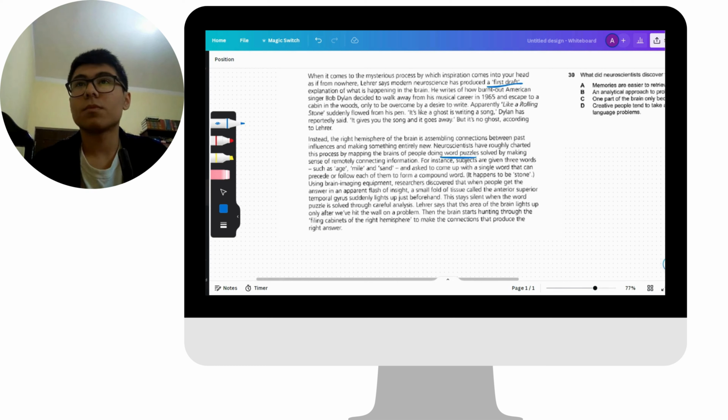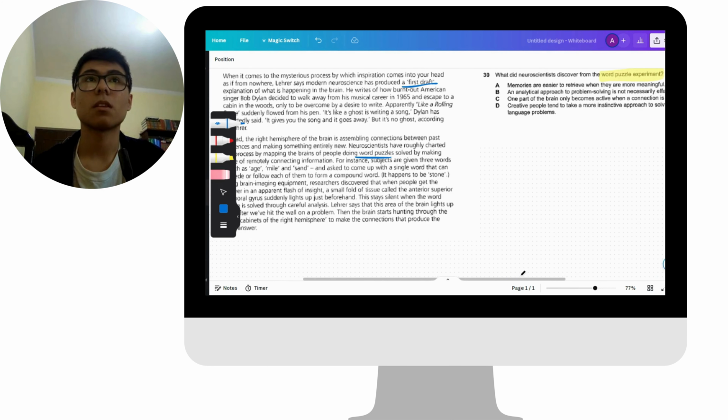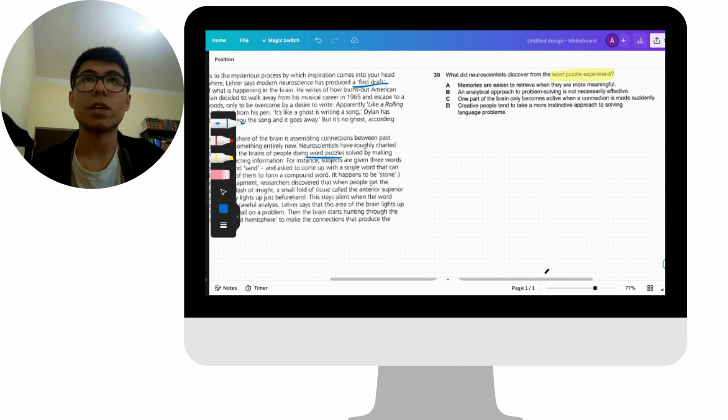And there was brain imaging equipment, and researchers could actually discover that when people get the answer, a small fold of tissue suddenly lights up beforehand. That area of the brain lights up only after we hit a wall on a problem, right? So yeah, that small part of the brain can solve those problems. So now let's look at the choices, right?